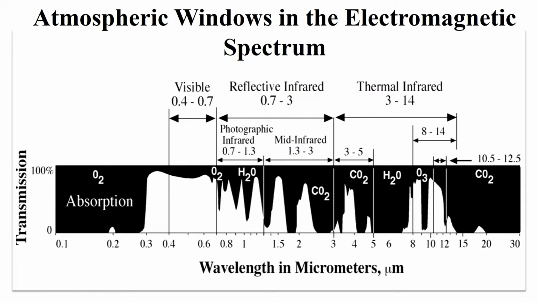Now, this is the atmospheric window in the electromagnetic spectrum in which remote sensing is carried out. The visible range is 0.4 to 0.7 micrometer, then the reflective infrared is 0.7 to 3 micrometer, then 3 to 14 micrometer. Here you can see that there are several absorption bands also, but mainly we are going to talk about the absorption band in the thermal.